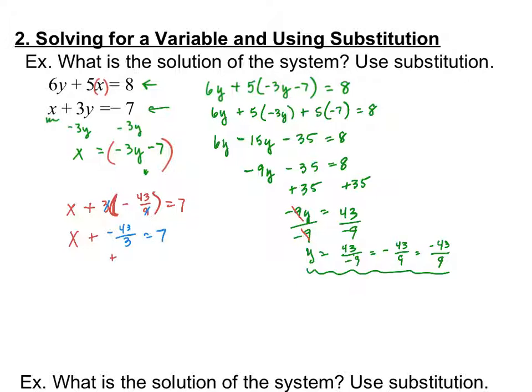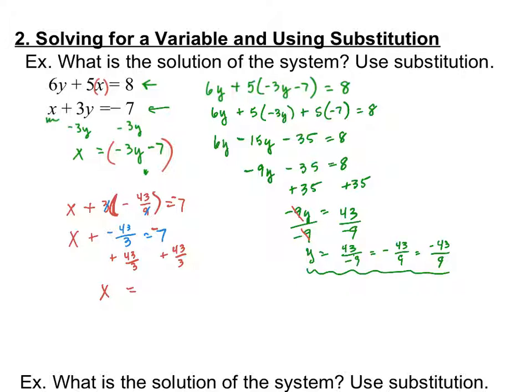Go ahead and add 43 over 3 to both sides. And I have x is going to be equal to, I'm going to have to go back and fix some of this because that was negative 7, negative 7. So then I have negative 7 adding to 43 over 3. Well, I need to convert this into a fraction.